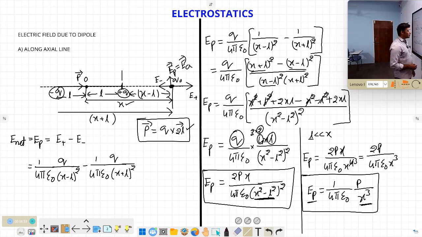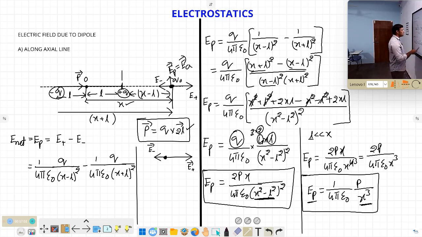Now one more point of discussion: what is the direction of this electric field? Look at the condition at this point P. We have two electric fields. One is E plus in this direction, and another is E minus in this direction.